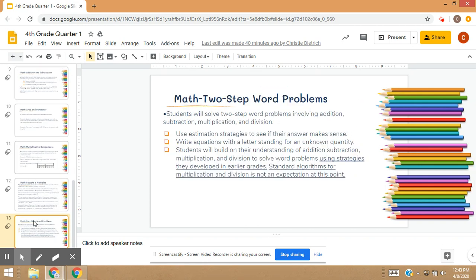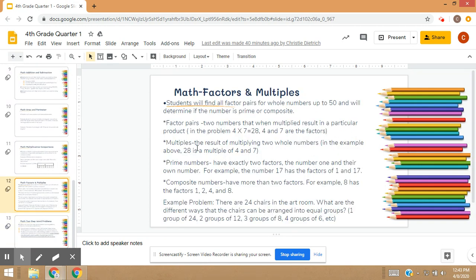Okay. So we have 2 more slides. So factors and multiples. So students will find all factor pairs for whole numbers up to 50 and will determine if the number is prime or composite. Prime meaning it can only be multiplied by 1 and itself, such as 2, 3, 5, 7, 13.